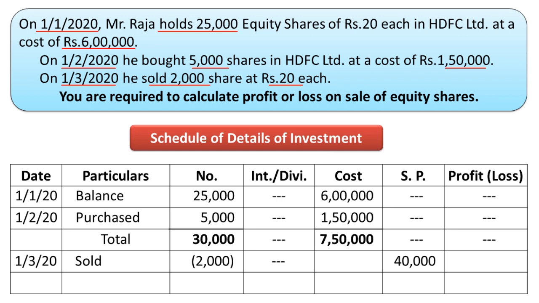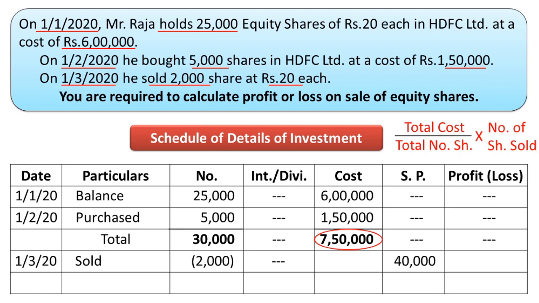Now it is very important to find out cost of sales. How to find out cost of sales? We know the formula, that is total cost divided by total number of shares multiplied by number of shares sold. Here the total cost is 7,50,000.